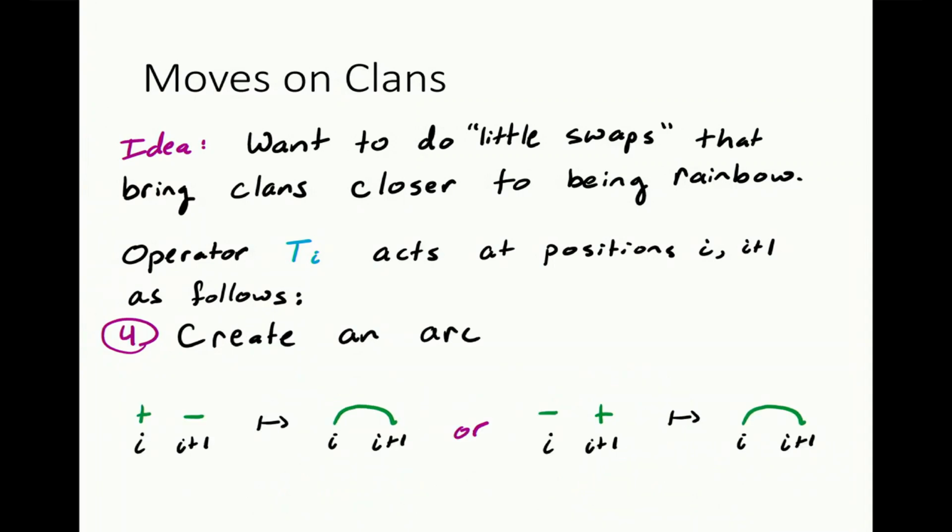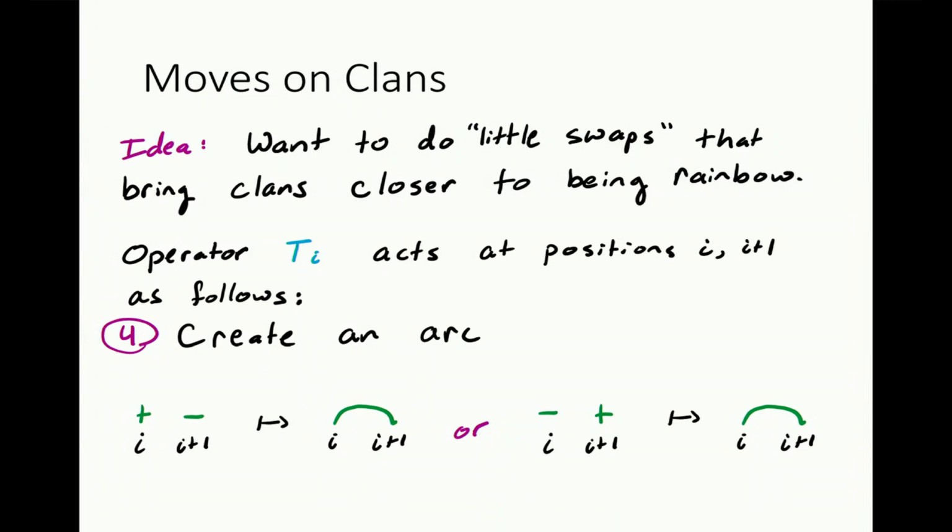There's another type of move, which is that eventually we want all of our signs to be the same sign. The way that we can do that and preserve the parity that we need with the number of minuses and number of pluses in P minus Q is we can create an arc by taking opposite signs and joining them up together.